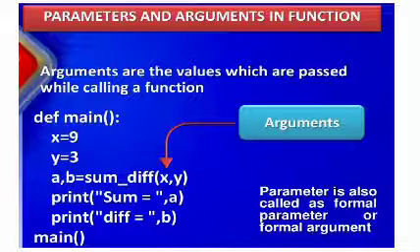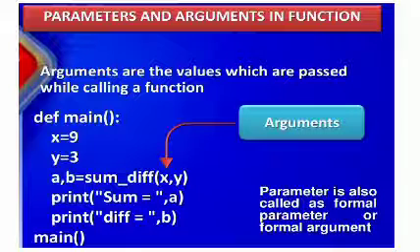Here is an example: in main, the value of x is 9 and the value of y is 3, and these are passed to the sum_diff function as x and y. Here x and y are the actual arguments, where x means 9 and y means 3.